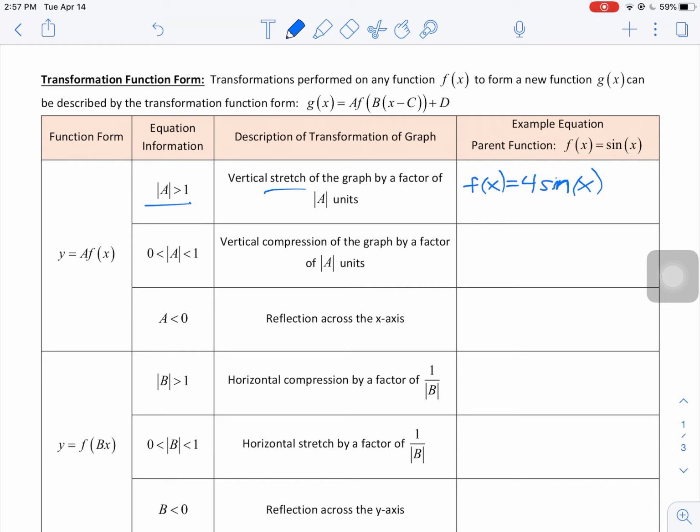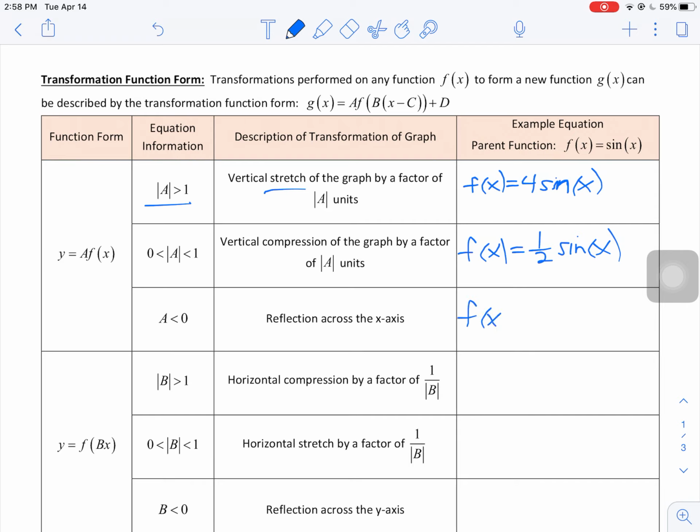For the next row down, if a is in between 0 and 1, that's going to be a vertical compression. So say you had something like f of x equals 1/2 sine x, that would be a vertical compression by a factor of a half.